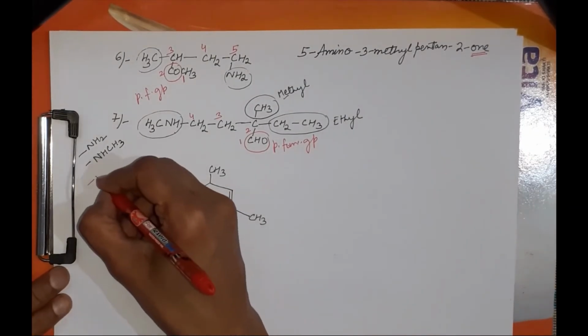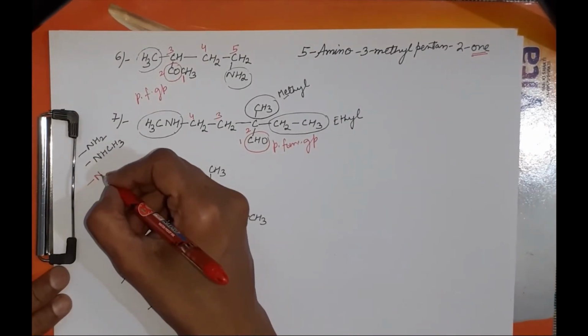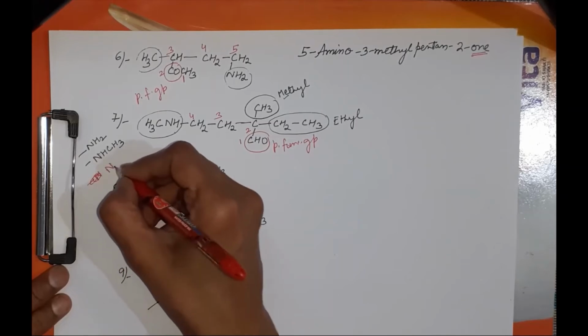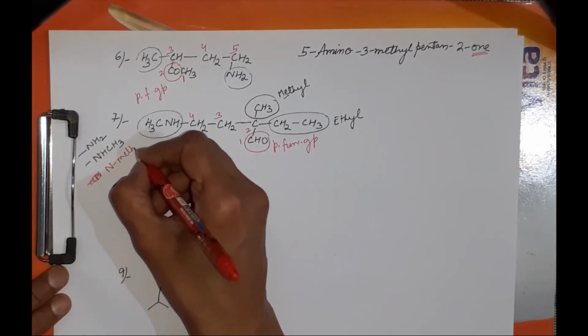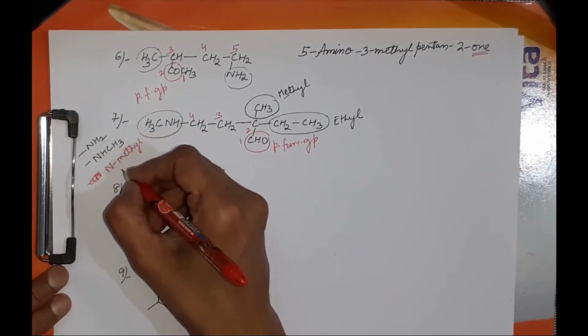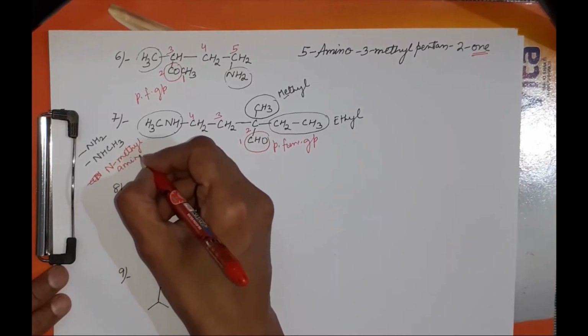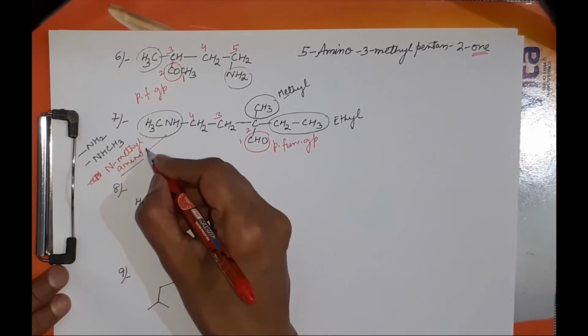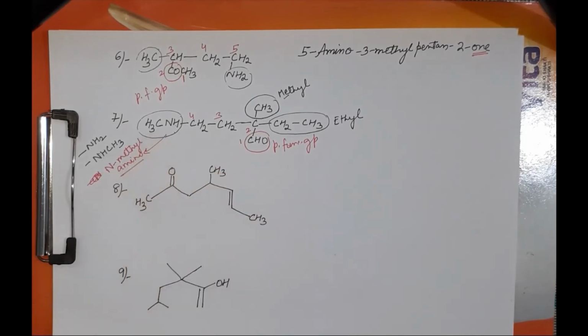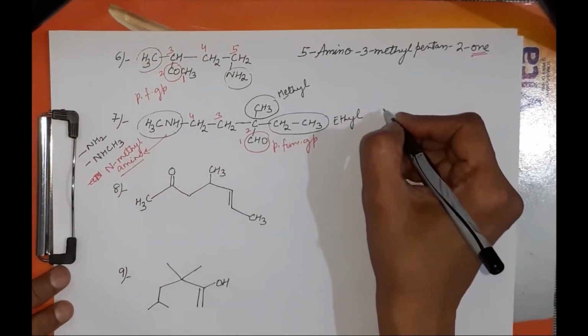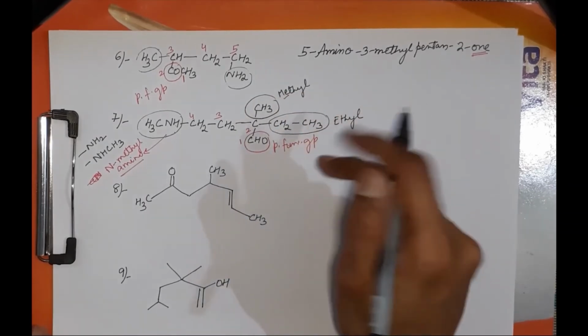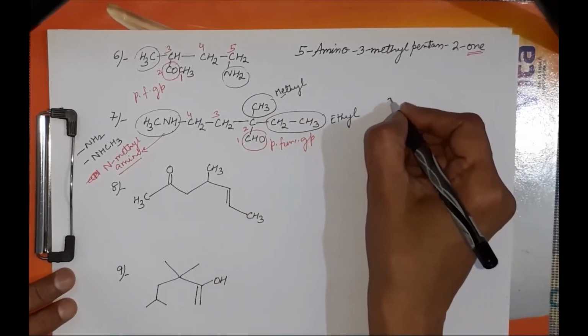So this will be named as N-methyl amino. So this substituent name will be N-methyl amino. So what will be the IUPAC name? These substituents in alphabetical order we have to write.